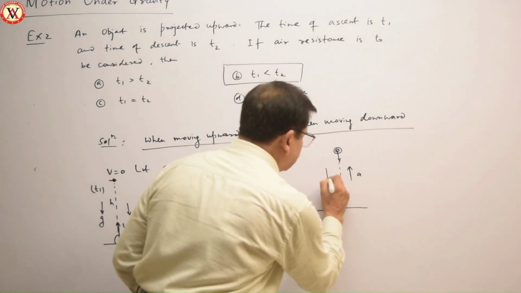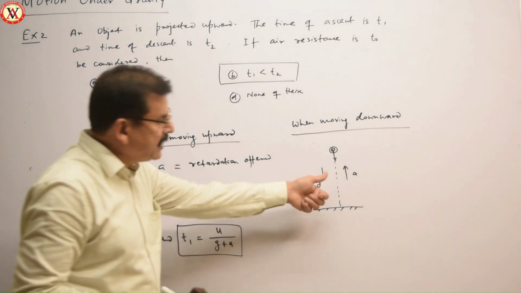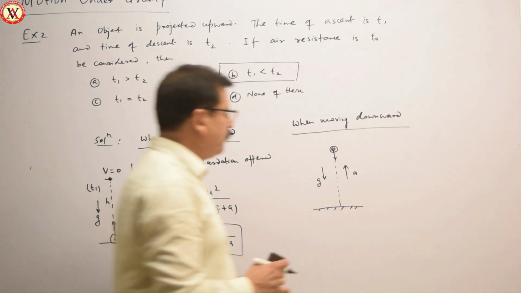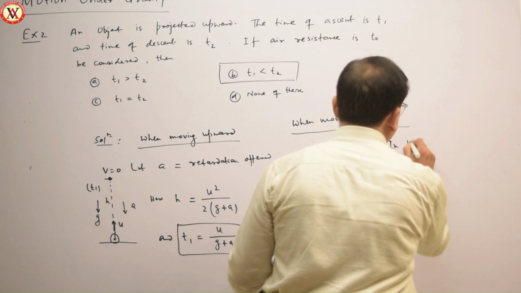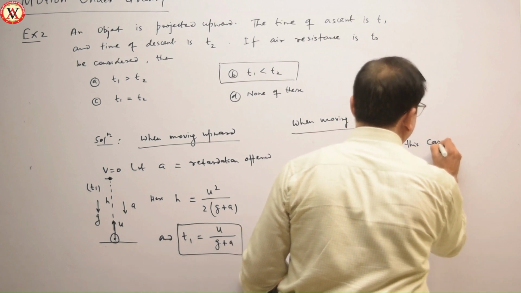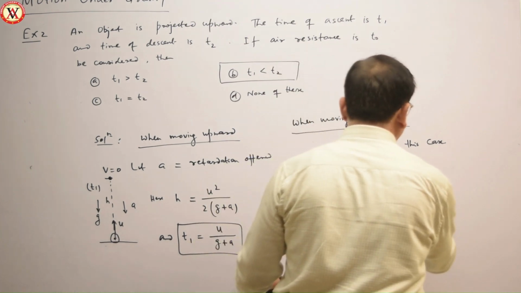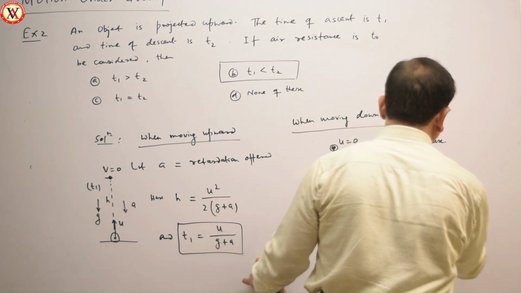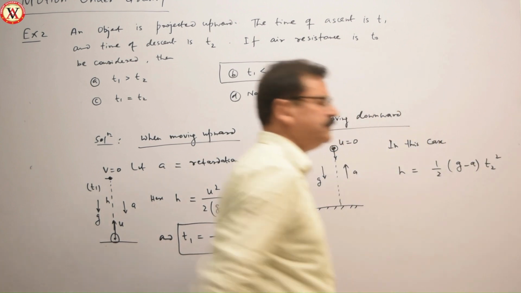But g is still acting in the downward direction. So the effective acceleration will be g minus a. So what do we observe here? In this case, as u is 0, we write h equal to half g minus a t2 square.